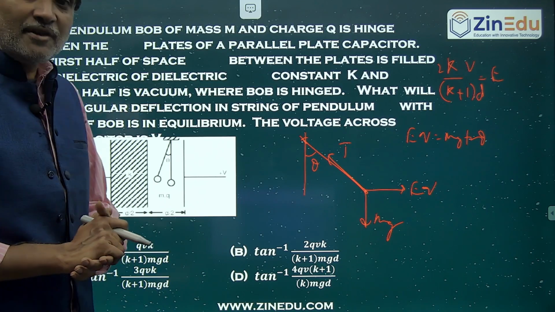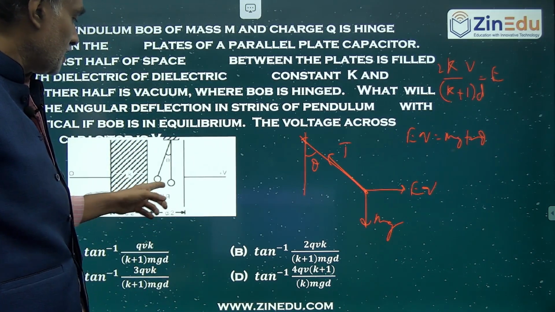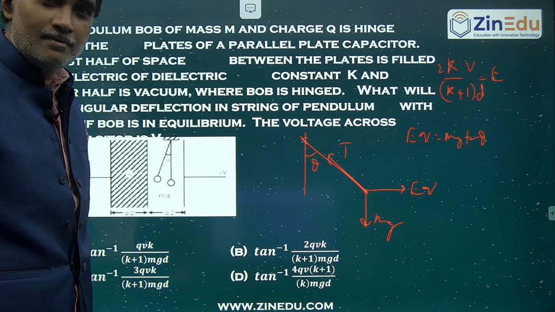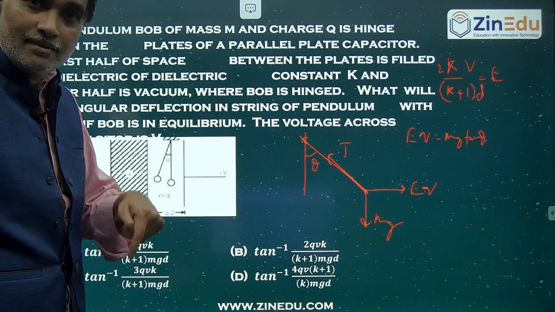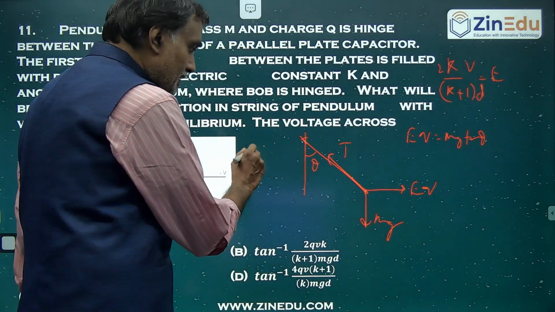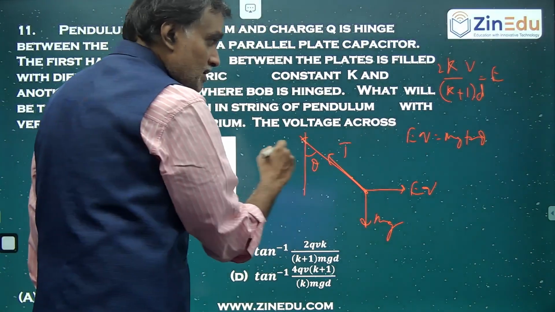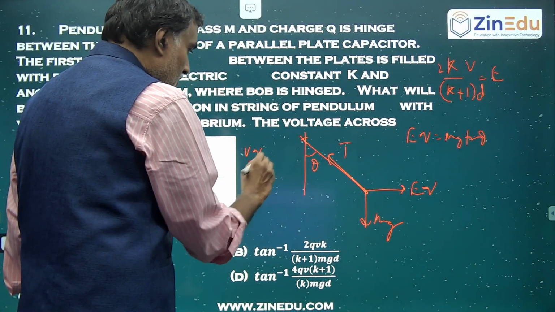You can also verify answers in such problems. How do you verify? K equal to 1. Electric field should be V by d. Then what do you get? qE equal to mg tan theta. Then qV by d equal to mg tan theta.